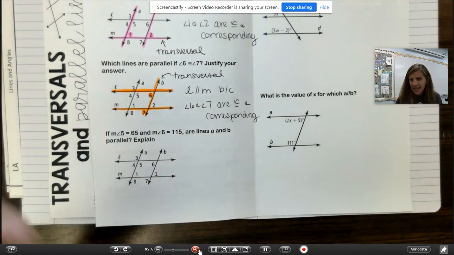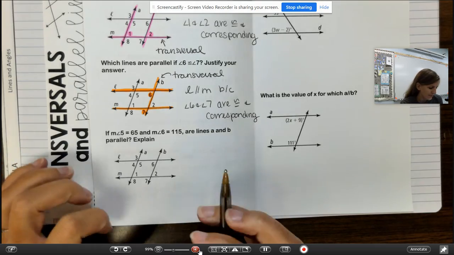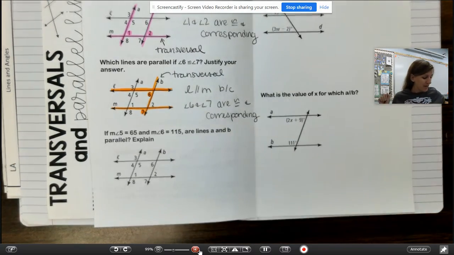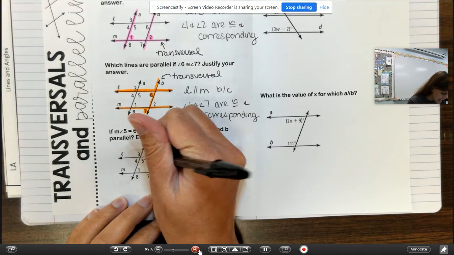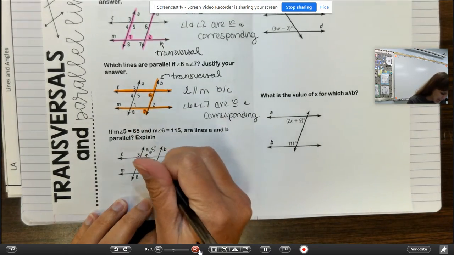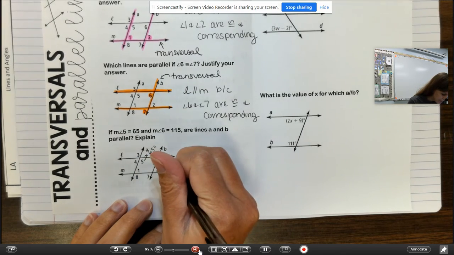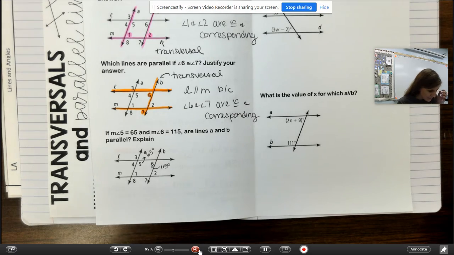Another way to ask a similar question is down here. So if the measure of angle 5 is 65 degrees, so this guy here is 65 degrees, and then the measure of angle 6 is 115 degrees, are lines A and B parallel?